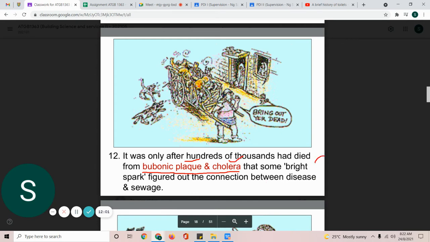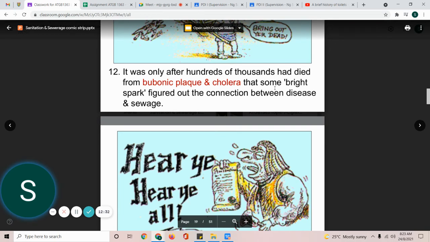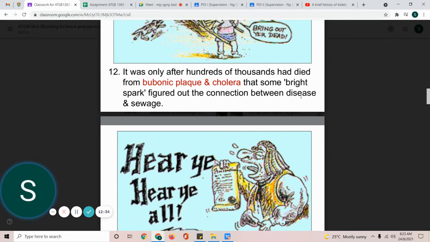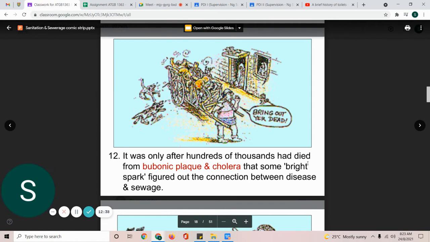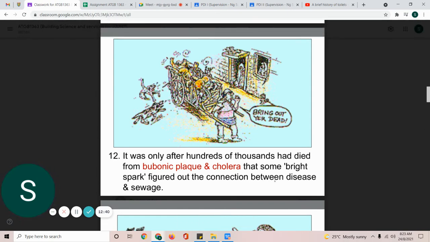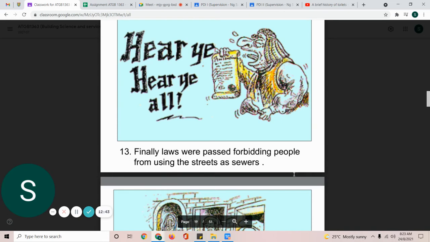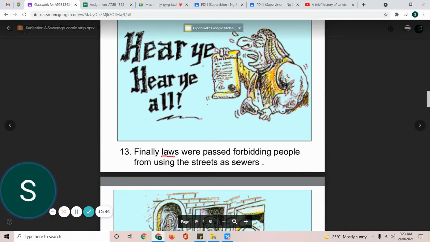So then people start thinking, is there any correlation? Meaning, what is the connection between disease and sewerage? Once we connect the dots and found out that having sewerage very close to us contaminates or affects our health, then we start to pass new laws.